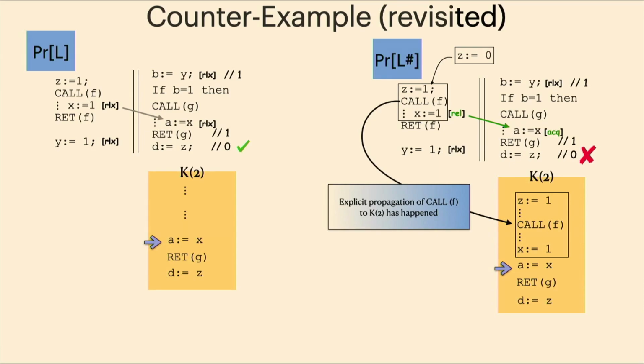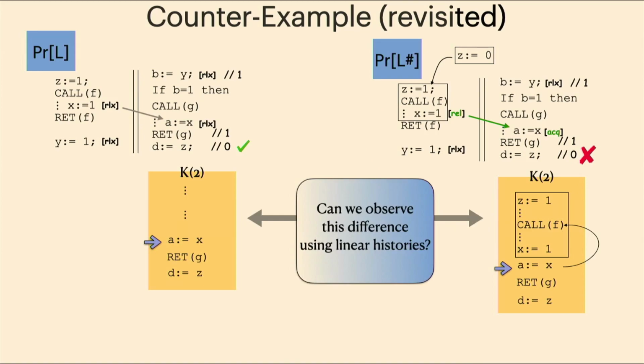The semantics that we discussed right now will ensure that these things are present here. But in this case, you will not have this thing present here. Now, the question we want to ask at this moment is, can we observe this difference in knowledge set using some linear history? So we certainly have a difference in this knowledge set, but can we observe this difference using linear history?